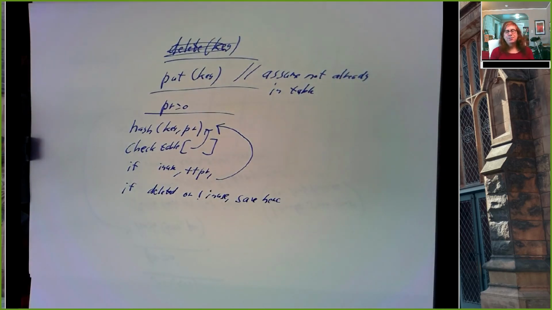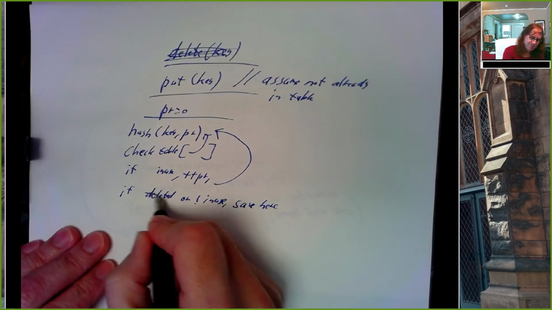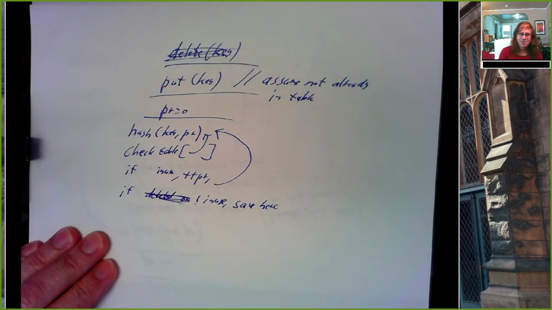If it's not in use, or if it's marked as deleted, go ahead and save it right here. And if you manipulate your deleted flag correctly, you can simplify these conditions, but just to be really explicit, if it's not in use, well, we don't really need to worry about that. Let's just say if it's not in use, save it here.